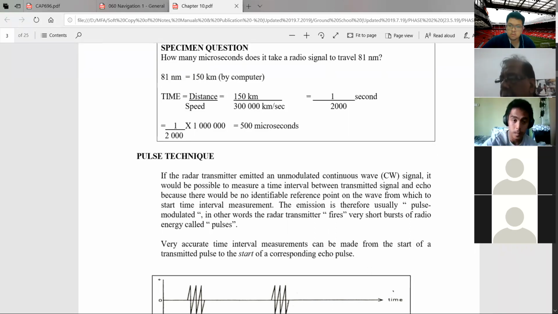Two kilometers is your range. Before you go into this, just note down: distance is equal to speed into time.